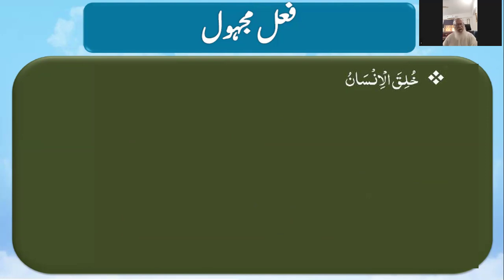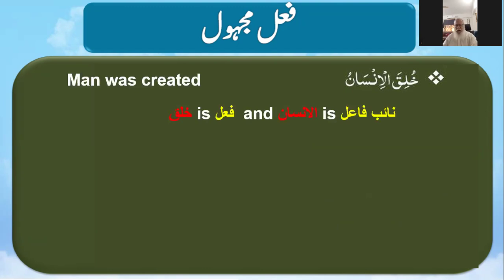It is actually naib fa'il. It is coming in place of the fa'il. So it is marfu, but actually it's maf'ul. You remember the maf'ul is always mansub, fatha sign. But this is showing dhamma. Naib fa'il is always marfu. So we will say khuliqa is the fi'l and insan is the naib fa'il.